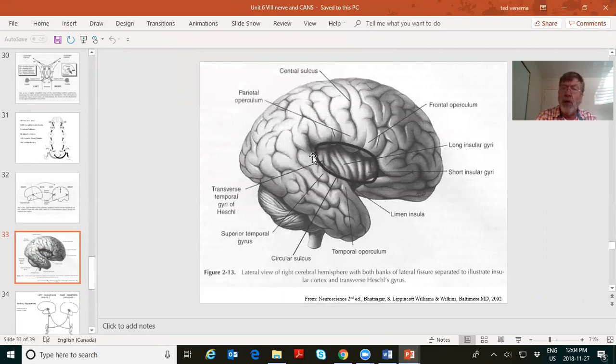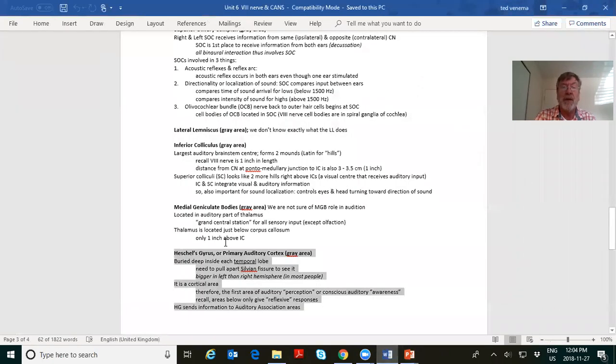And when you pull apart the temporal lobe, if you open that up, that's really the Heschel's gyrus. It is located deep inside, that crack, opening it up. So there you have it, the Heschel's gyrus, buried deep inside each temporal lobe.